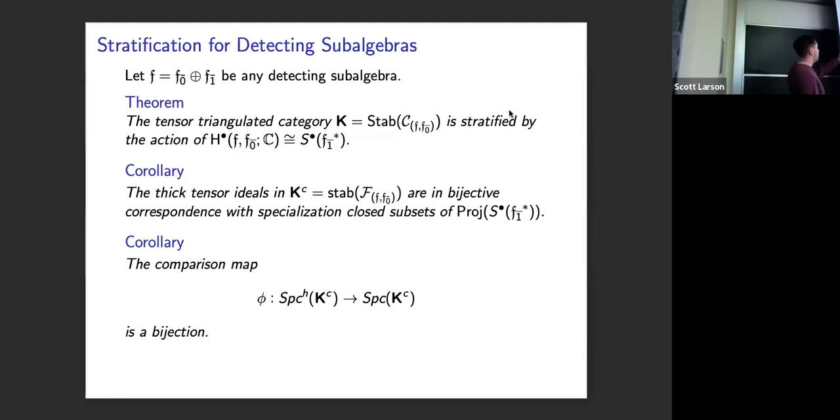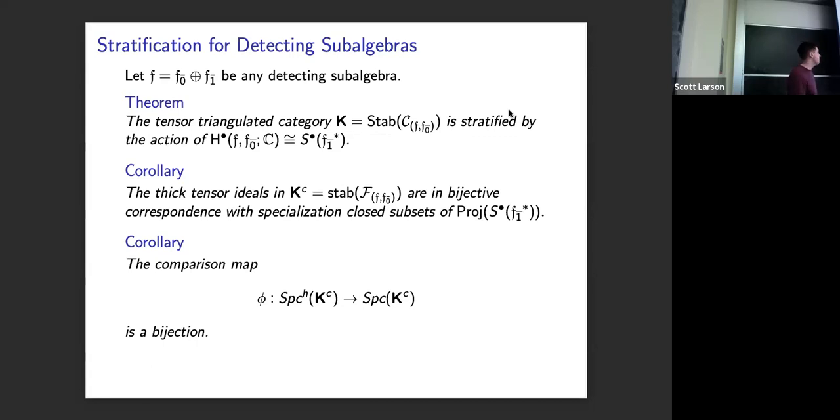If F equals F0 plus F1 is any detecting subalgebra, we were able to show that the big stable category of F, F0 is stratified by the action of the relative cohomology ring, which from a couple slides ago is the symmetric algebra on F1*.